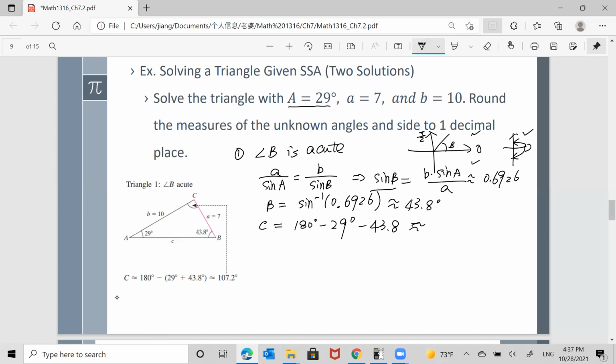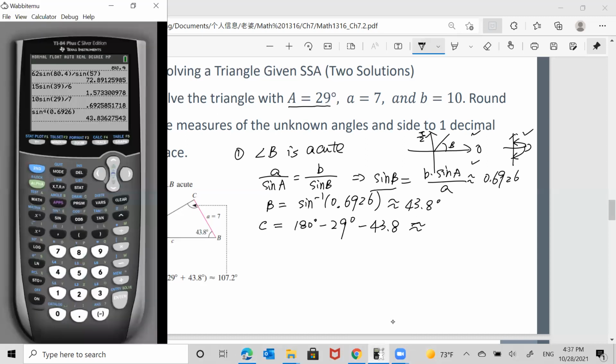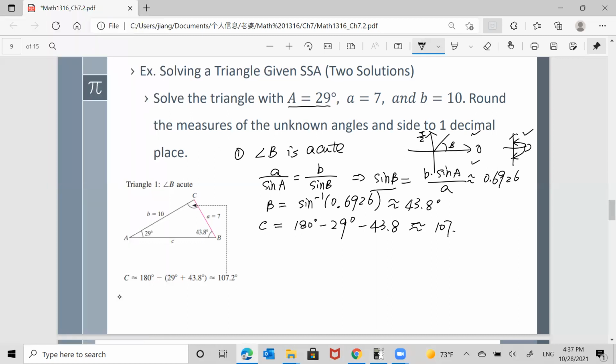Because this is an approximate number, I put approximate here. So 180 minus 29 minus 43.8 is about 107.2 degrees.